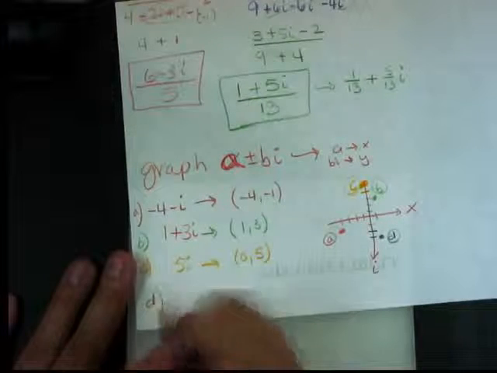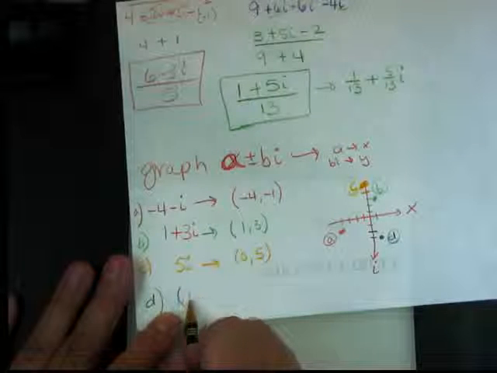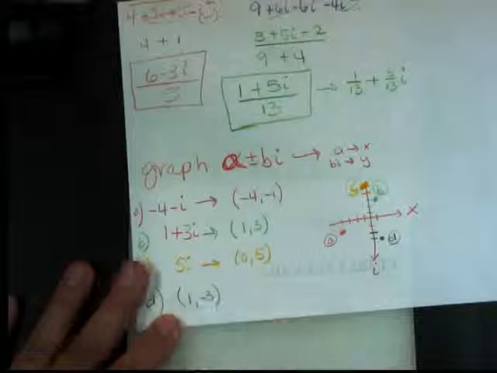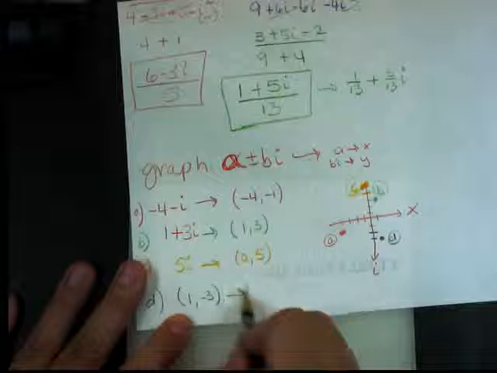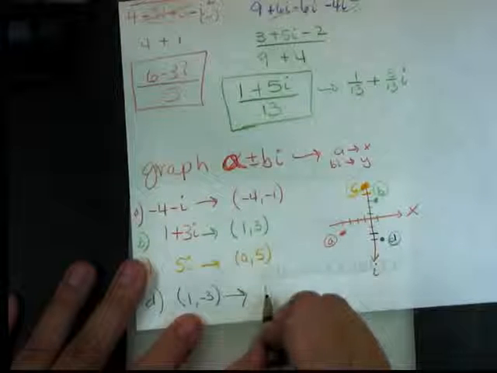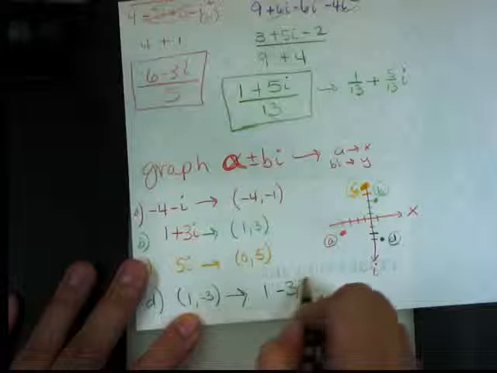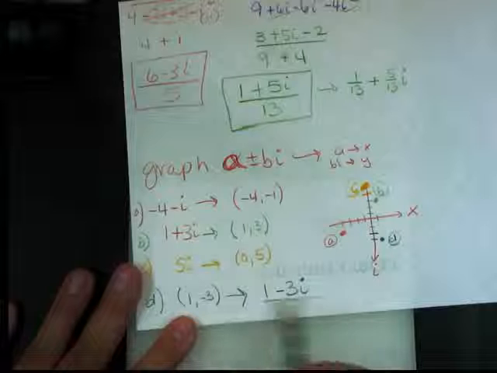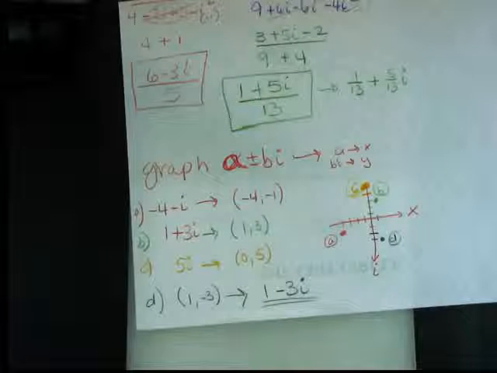So could you go that D is 1, -3, therefore its complex is 1 minus 3i. Be able to go in both directions. Giving a complex, find the graph. From the graph, write it as a complex.